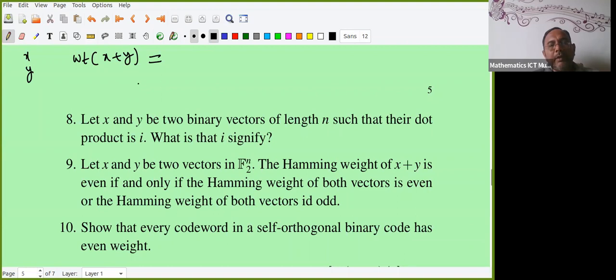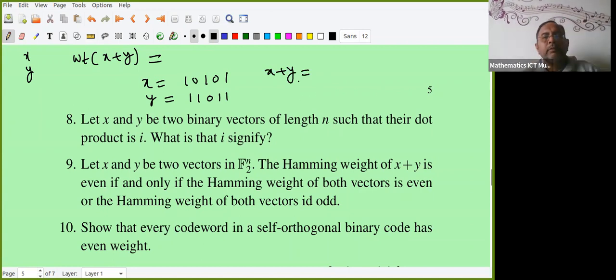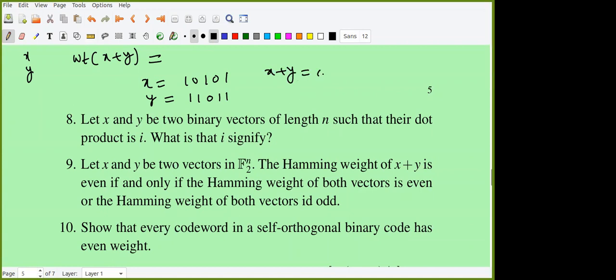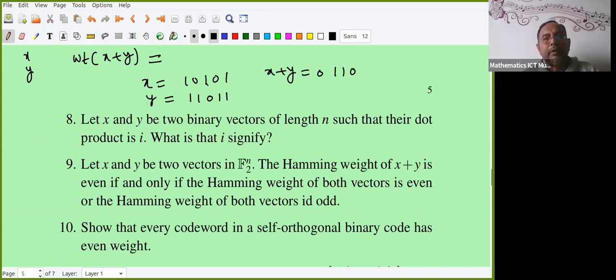So look at this now. Give me two vectors of length 5. What is x plus y? 0, 1, 1, 1, 0. 0 here, 1 here, 1 here, here also 1, and 0.